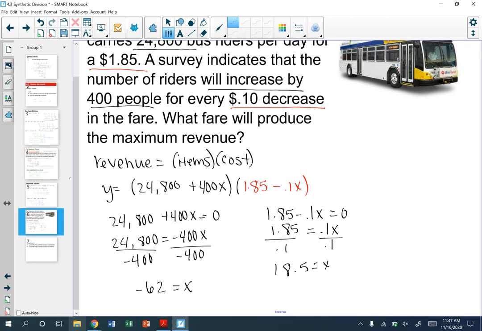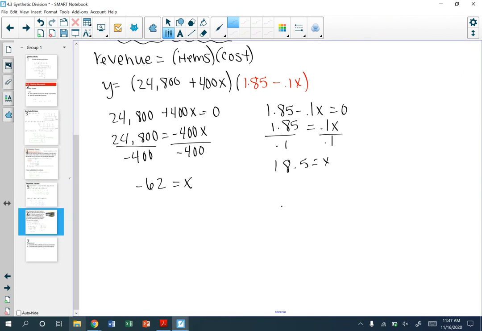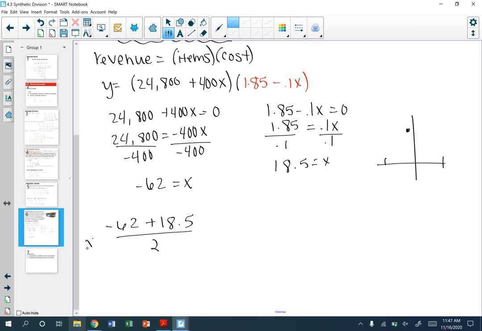Now remember, these are our x-intercepts, and we are looking to maximize revenue. When we're looking to maximize something, we're looking at the vertex. So if these are our x-intercepts, our vertex is going to be in the middle of those, right? So we need to take the average, or p plus q over 2. And go ahead and plug that in.